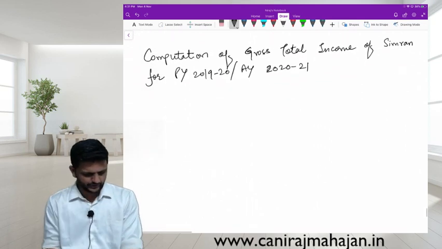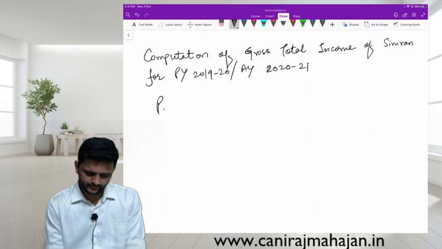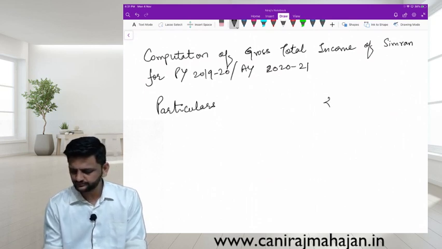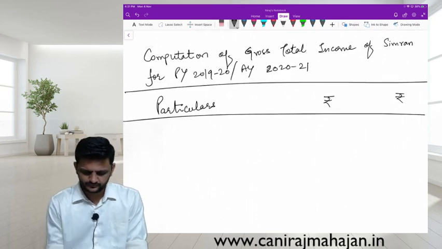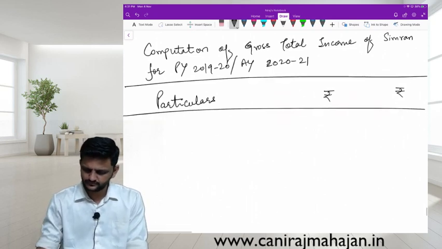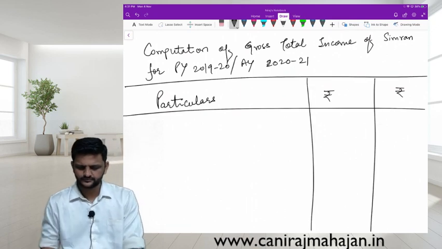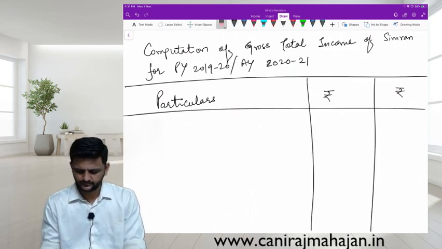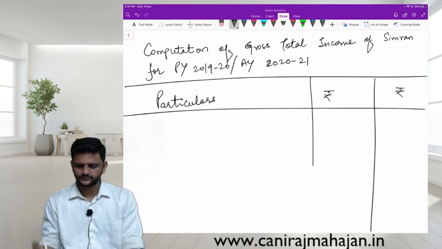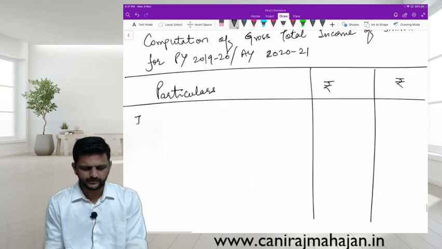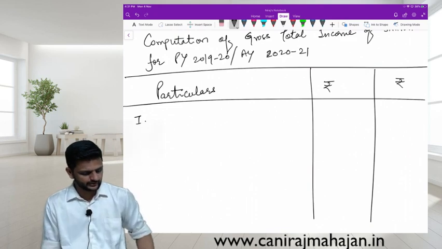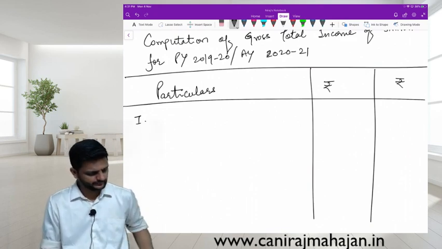Particulars, rupees. Fine. First head of income we have, or there is actually only one head of income, PGBP. Correct?